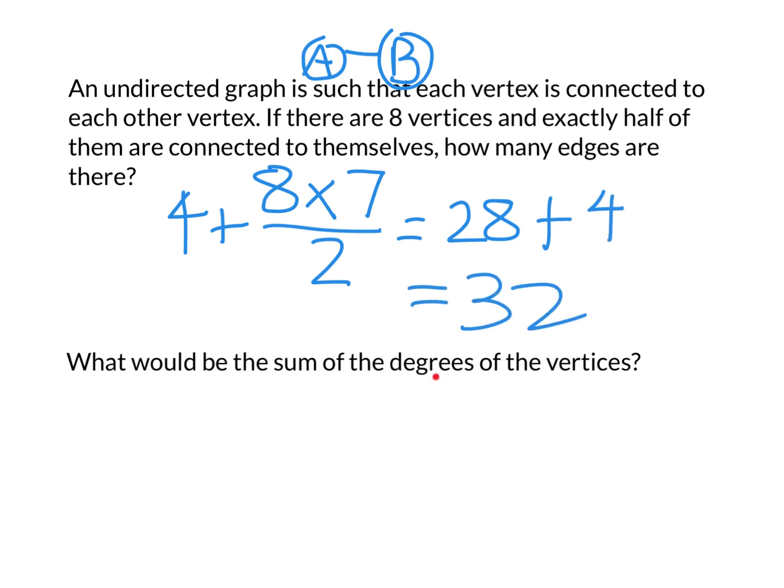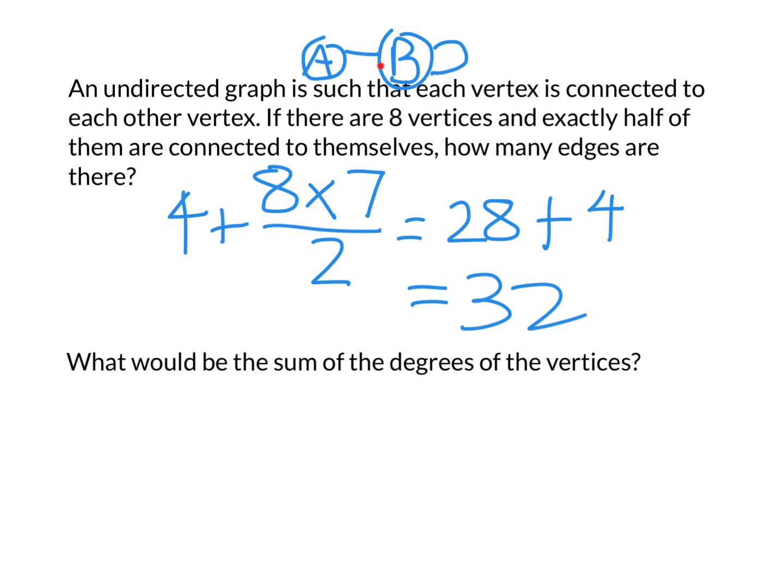So now it says, what would be the sum of the degrees of the vertices? So whenever you have an edge like this, you can see that it increases the sum of the degrees by 2. A, its degree is increased by 1, degree of B is increased by 1. When you have a loop, so an edge to itself like this, it actually counts as increasing the degree by 2.